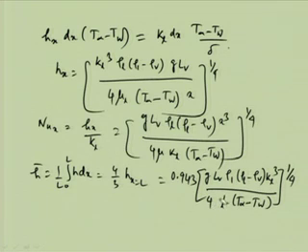So, this 4 won't be there. So, this is G LV rho L into (rho L minus rho V) into K L cube by mu L capital L (T infinity minus Tw), whole to the power 1 by 4.